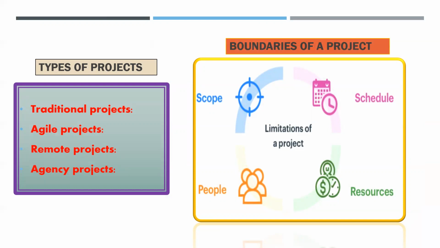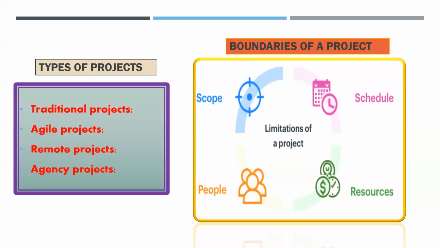Next is remote project. Remote project management is usually used by distributed teams that seldom meet in person. Handling freelance contributors is an example of a remote project. Just like those who work online, they are given a certain project, and then another person is also given a certain project. This is what you call remote projects.